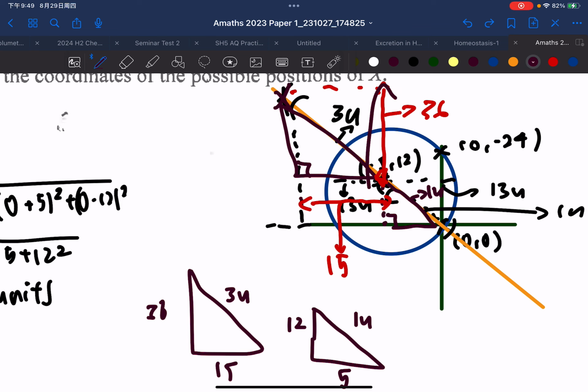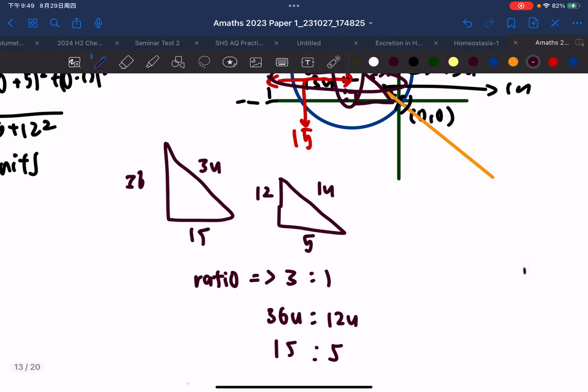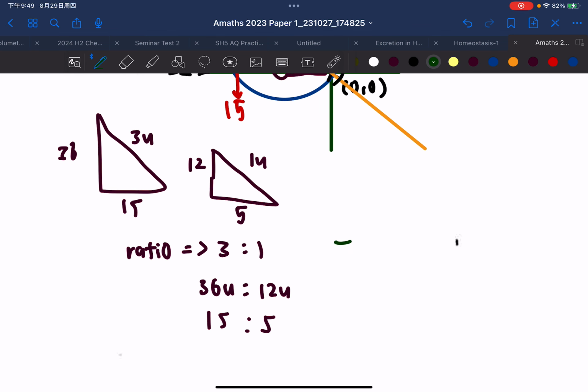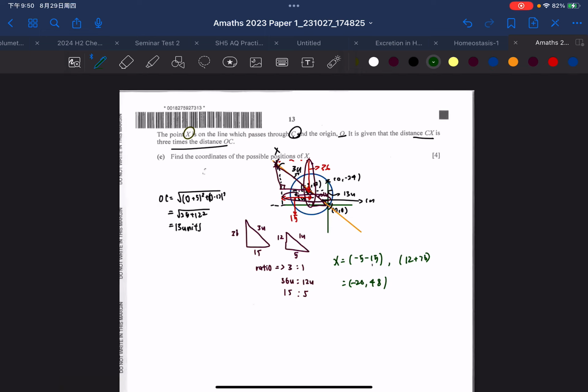Right? So my x will just be the center, negative 5 minus 15, and the y-axis will be 12 plus 36. Answer of this. Okay?